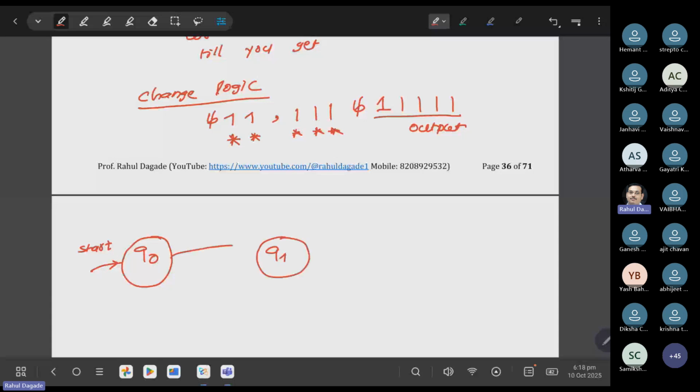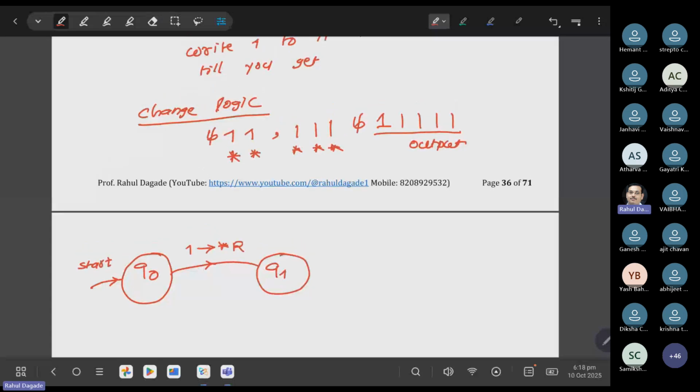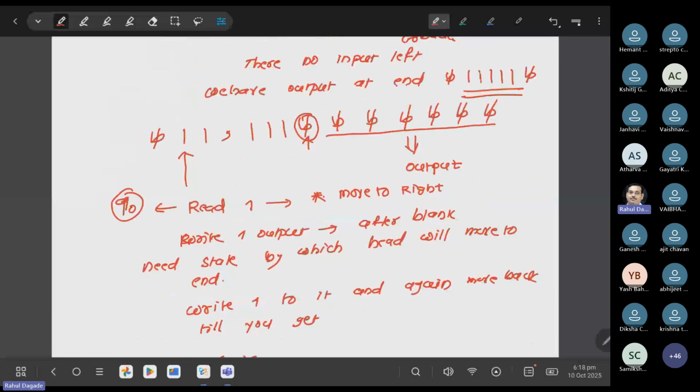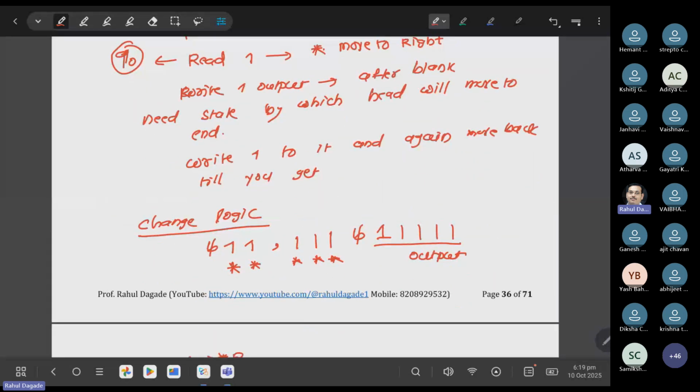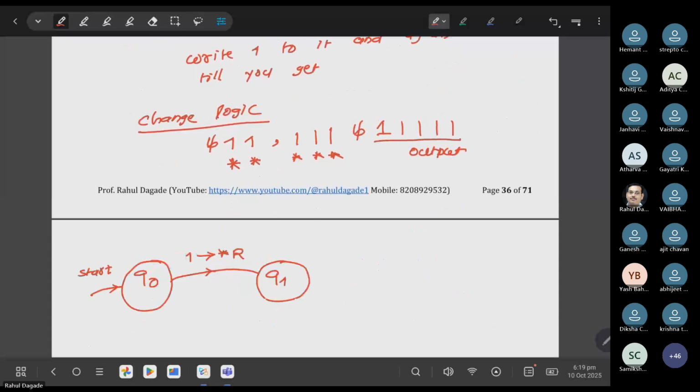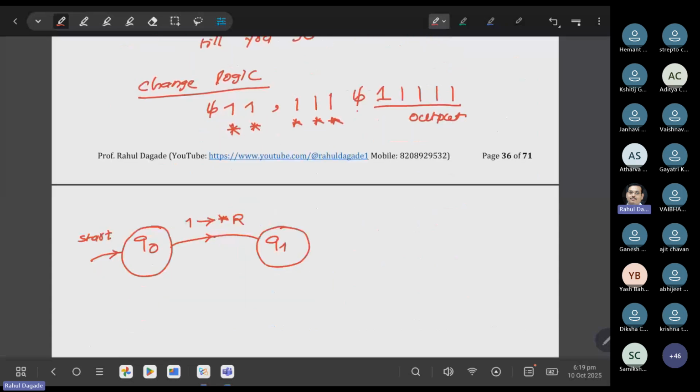So if it gets 1, convert that 1 into star and move the pointer to the right. And what Q1 state is doing is going till the end, till the blank, and after that it is writing 1.